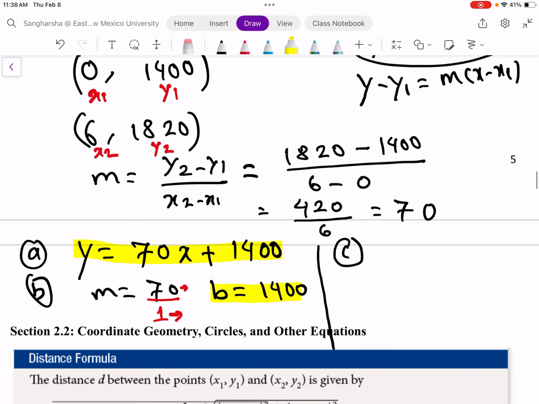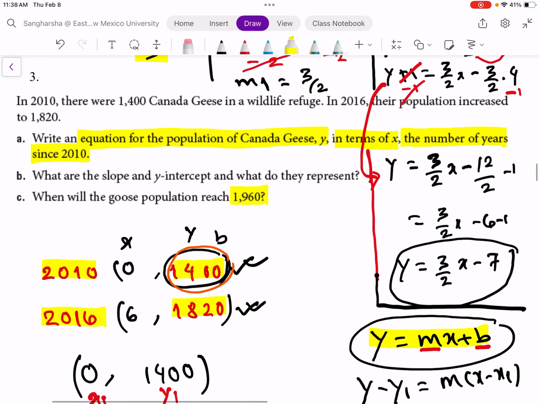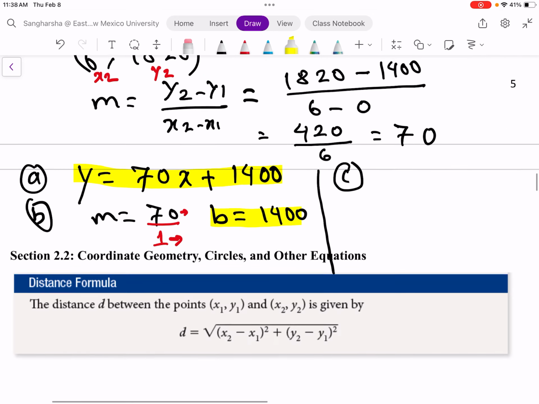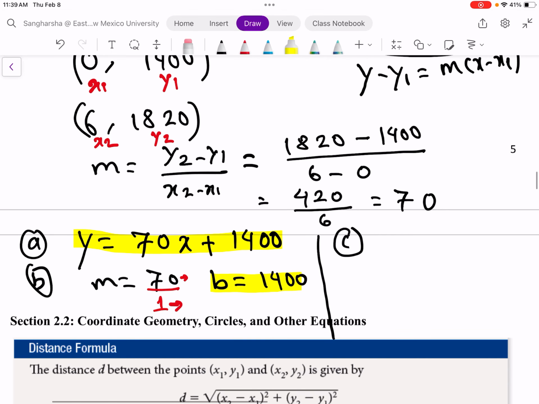If we go back to number A, our y is the population of geese, that's given to us. X is the number of years. So our y is 1960 and we are asked to find x. So let's substitute y equals 1960 and find x.